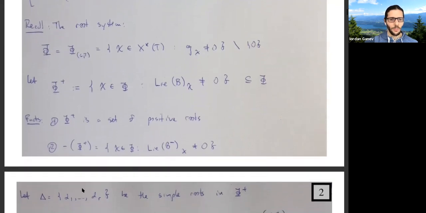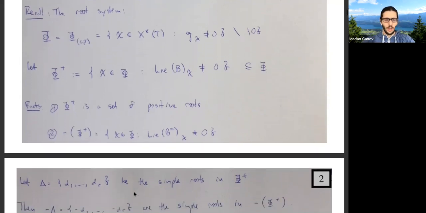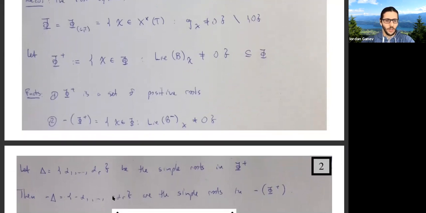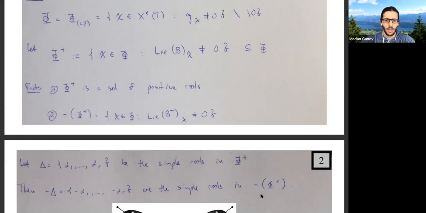Anytime we have a set of positive roots, we can choose the simple roots. These are the ones that cannot be written as a sum of other positive roots. If we choose those, then their negatives will be simple roots for the set of so-called negative roots on the other side of the hyperplane.